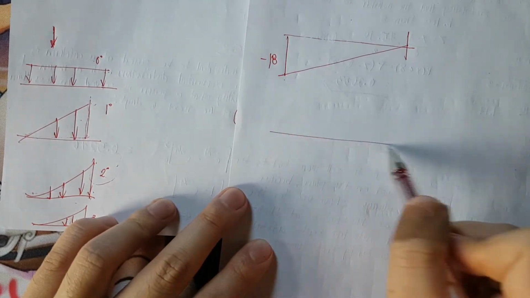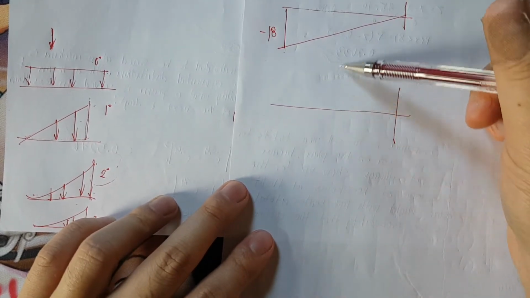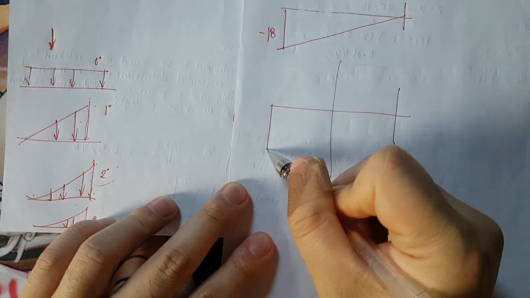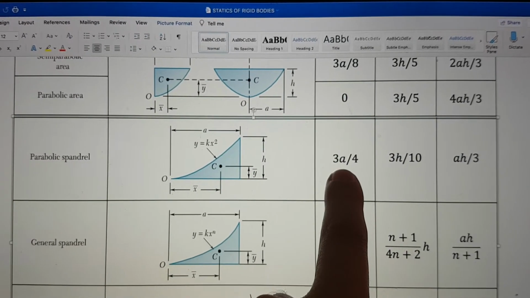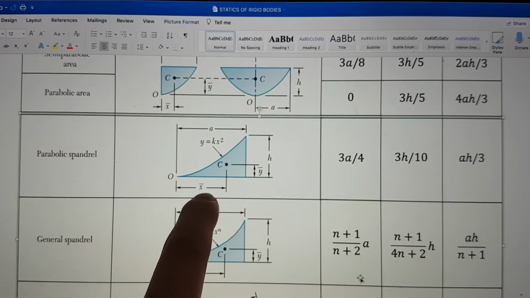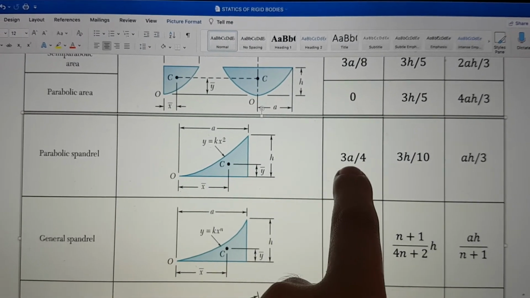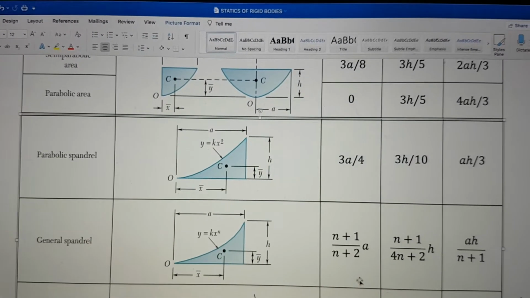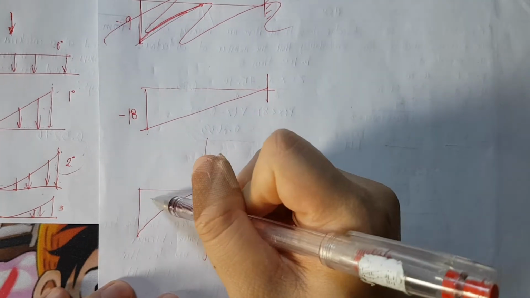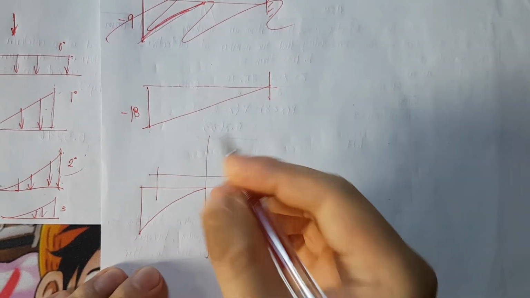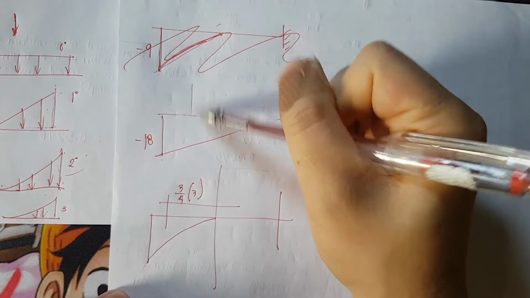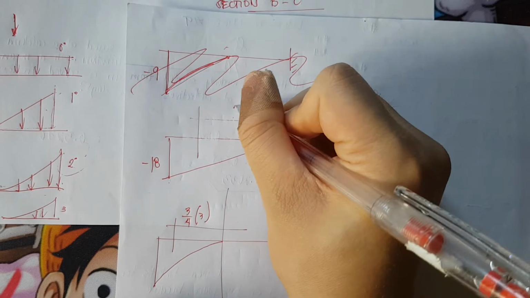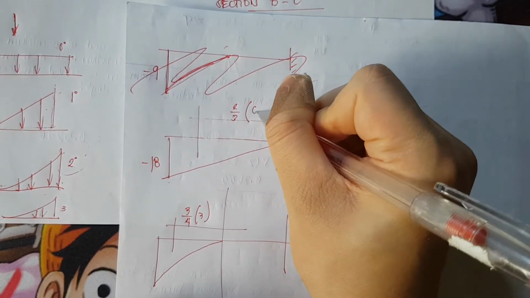It should be parabolic. Okay. And ang parabolic spandrel natin, it is 3 over 4. That is x bar. I repeat, x bar is 3a over 4. That is a. So, the centroid is 3/4 of 3. Then, itong isa, it is 2/3 of 6.